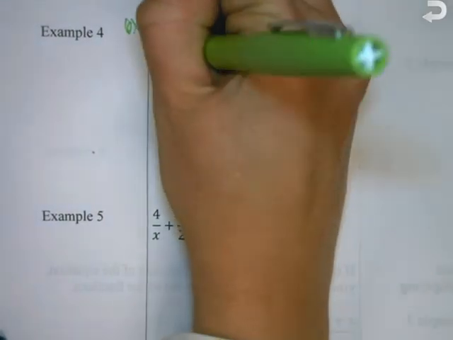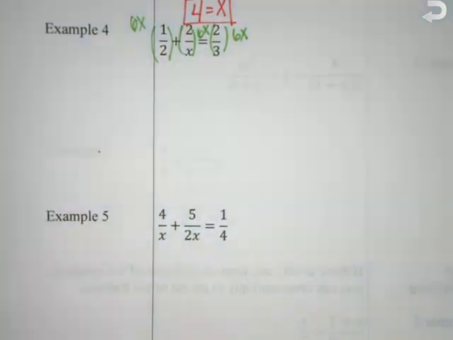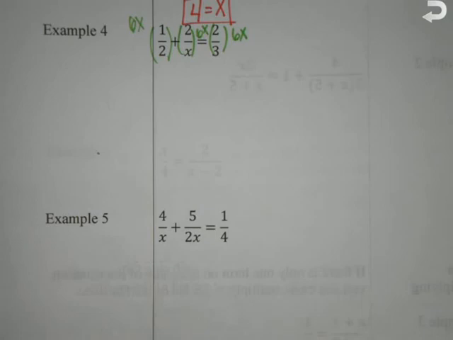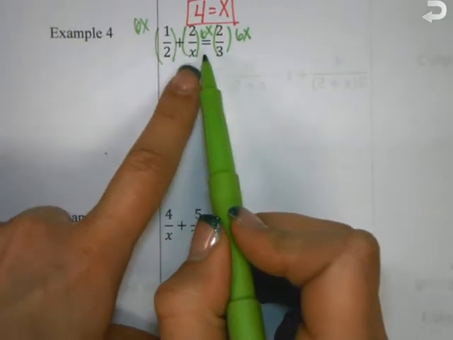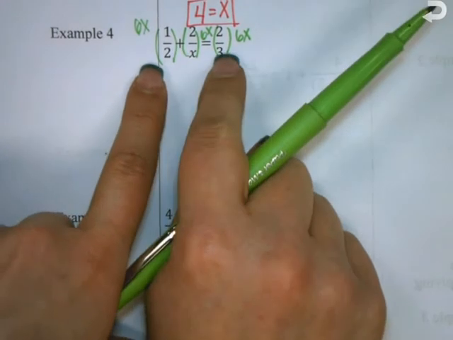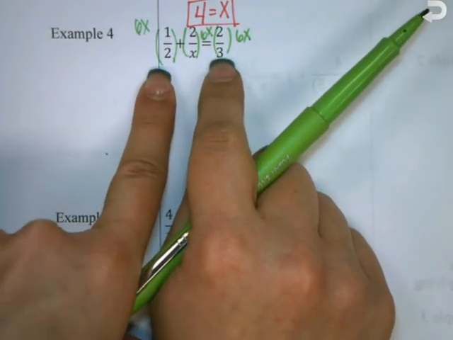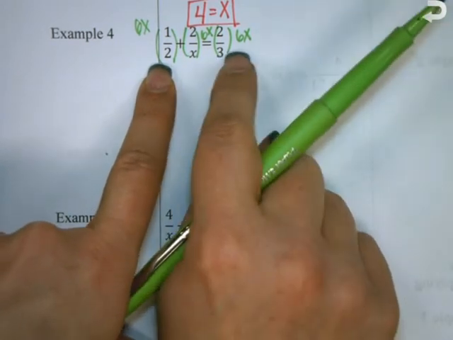Okay. How did I get 6x? I need to look at all the denominators, and I have a 2, an x, and a 3. None of these are the same, right? So I need to find something that they could all go into. 2 and 3, what's the smallest thing that they both go into? 6, right?